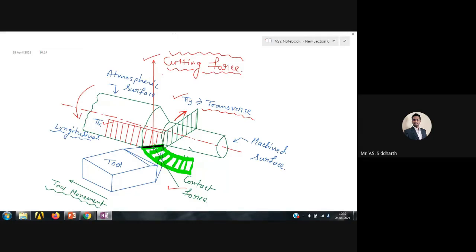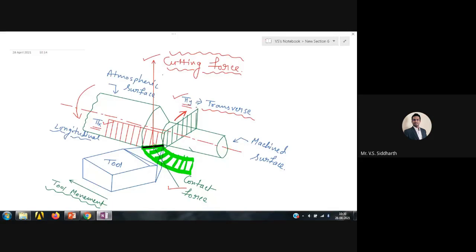So basically, why I have drawn this diagram is that in the machine reference system, we have two planes: the pi x plane, the pi y plane, and the reference plane.